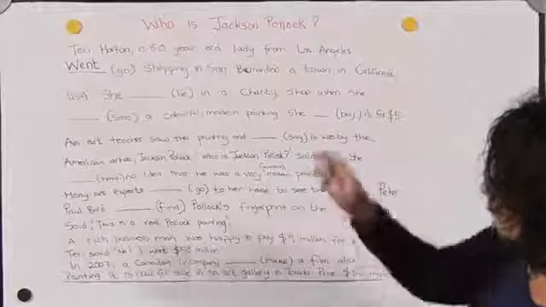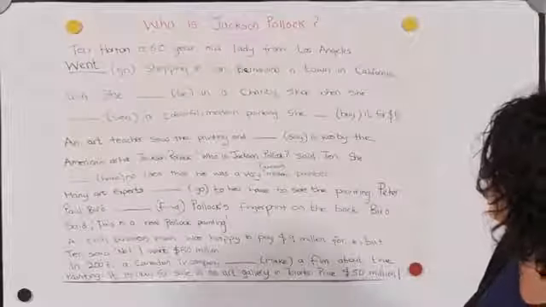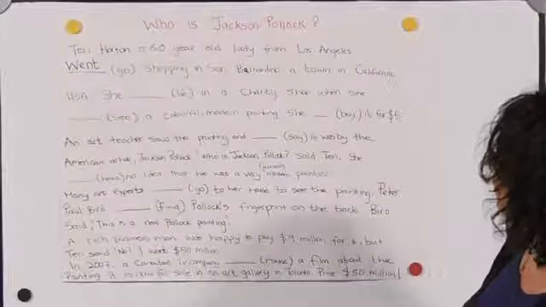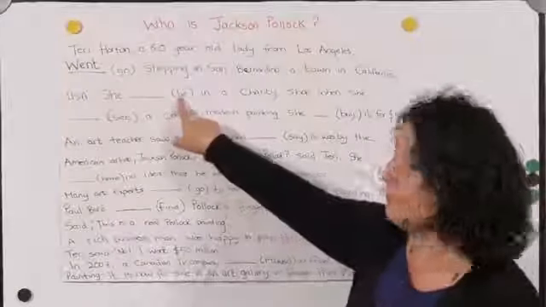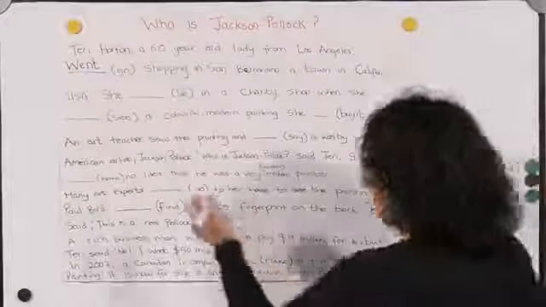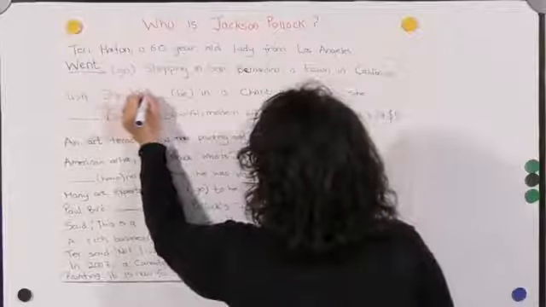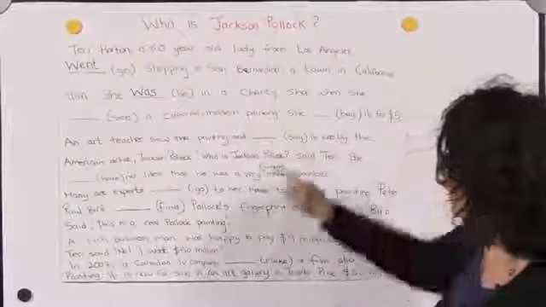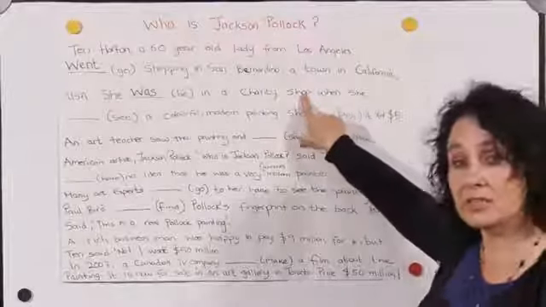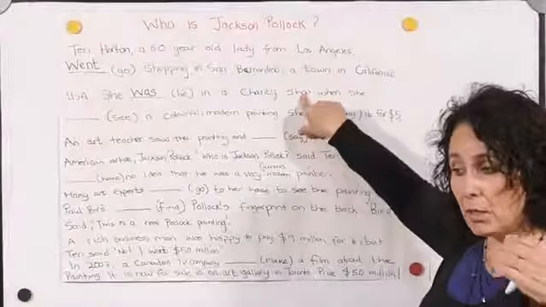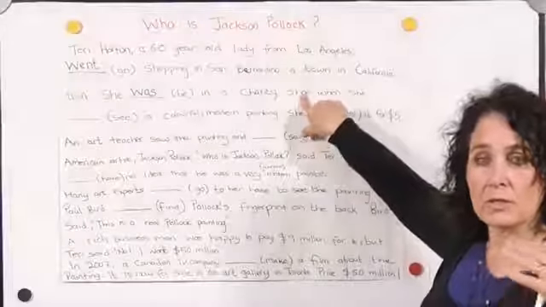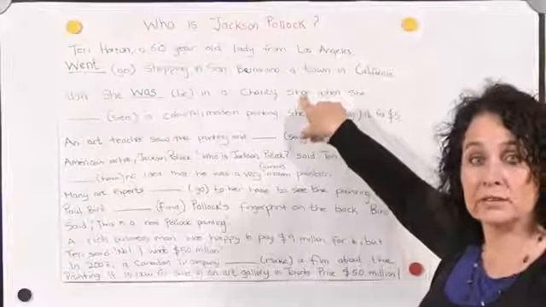Okay. Went shopping in San Bernardino, a town in California, USA. She, so we have the verb be, she was in a charity shop. So this is like a shop that sells old things or used things.